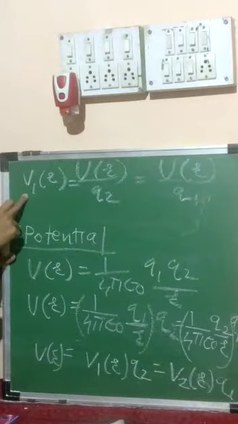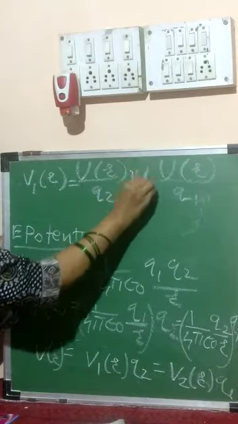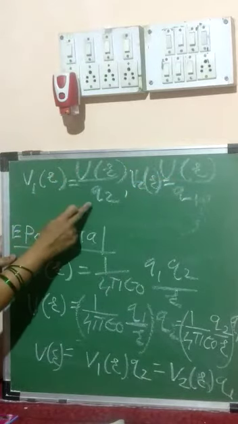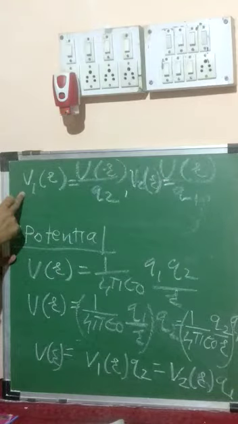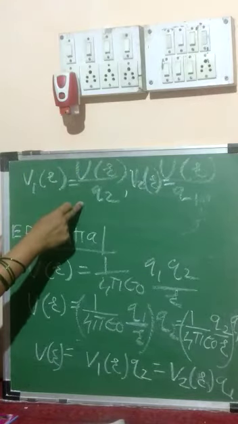So this electric potential is nothing but potential energy per unit charge. That is the definition of electric potential. Electric potential is also potential energy per unit charge.